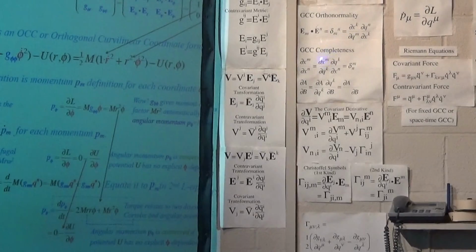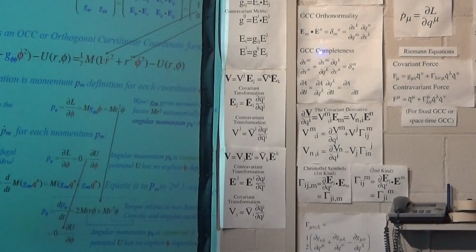The orthonormality relation is here. It won't be until Unit 3 that we get into the covariant derivative. That's a fancy derivative that lets you take account of the curvature of whatever mechanical system you're talking about.